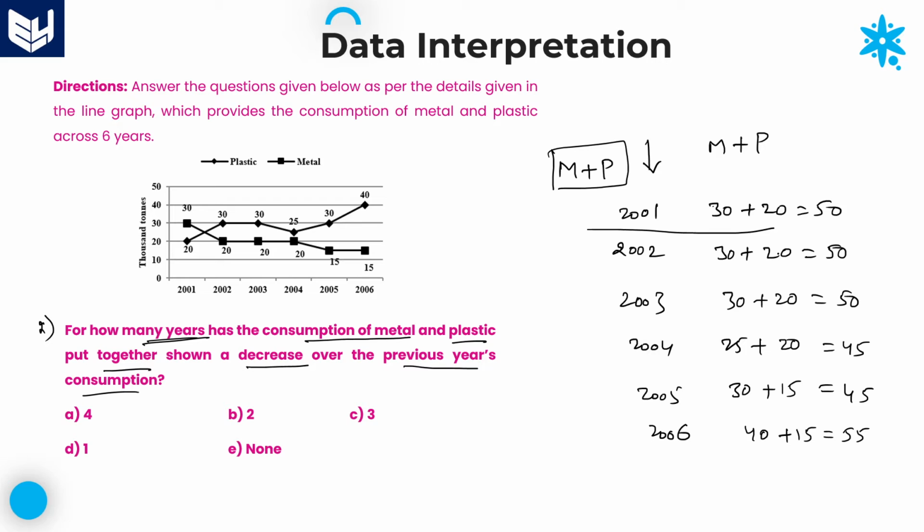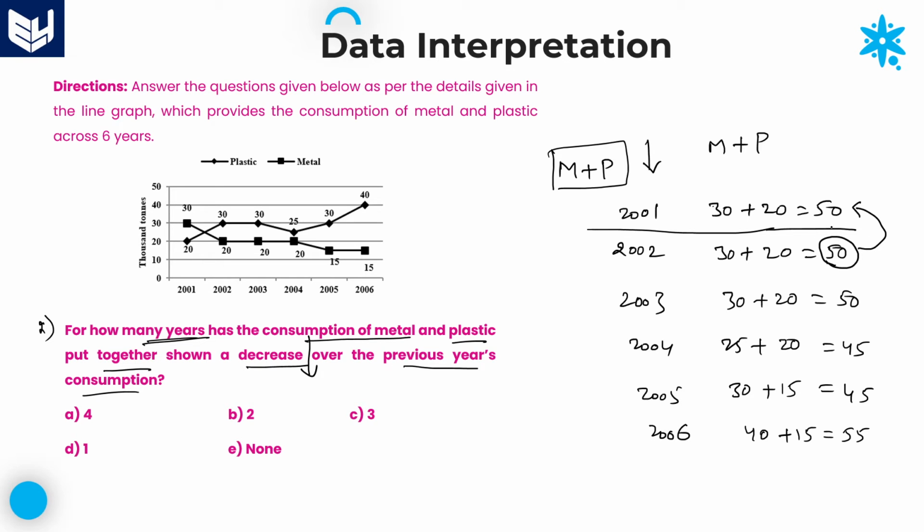Now you can compare from 2002 onwards. For 2002, the condition is that the consumption of metal and plastic together has shown a decrease over the previous year's consumption. Comparing the 2002 value with 2001, it is not decreased. We want the decrement value, but both are equal.